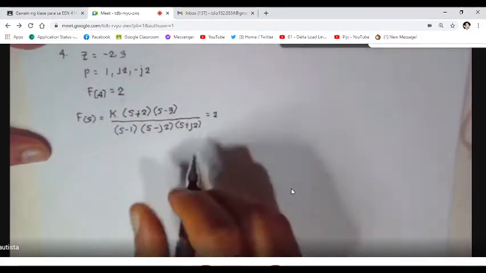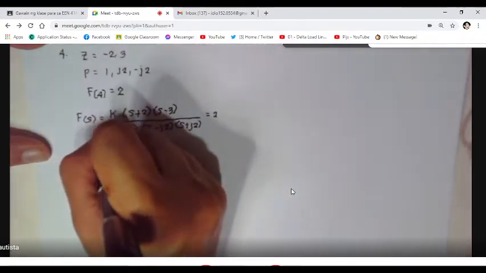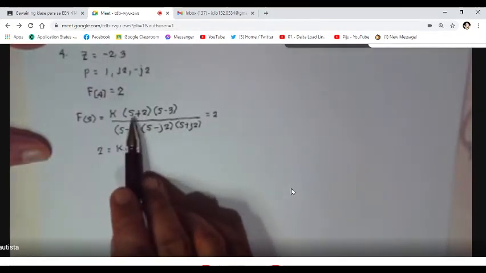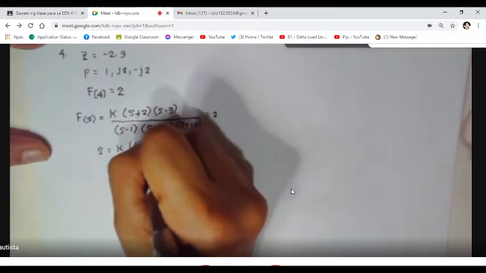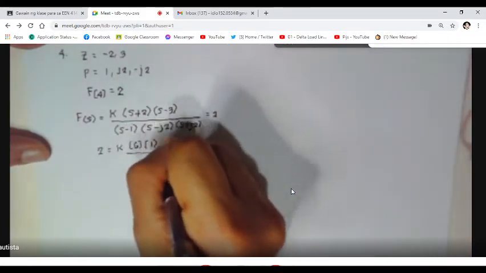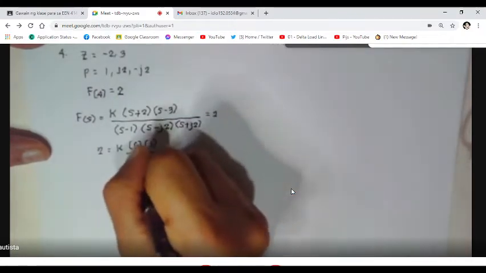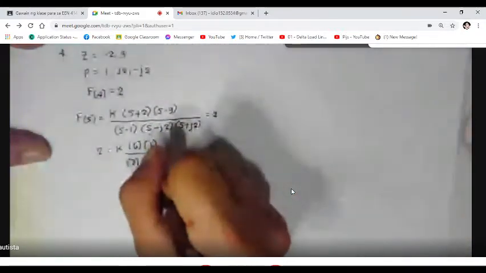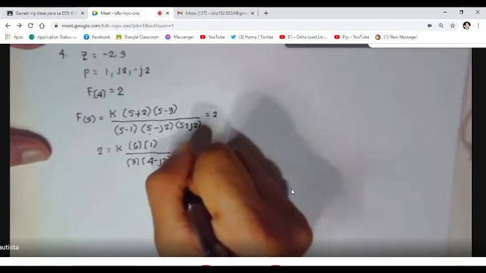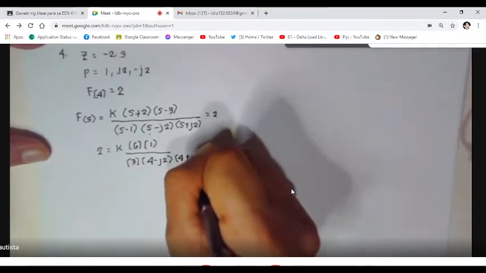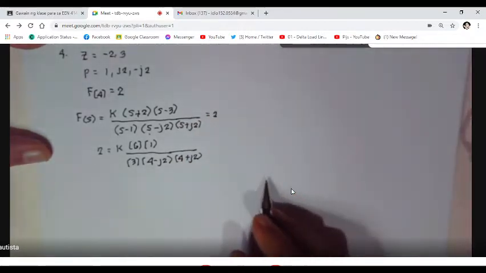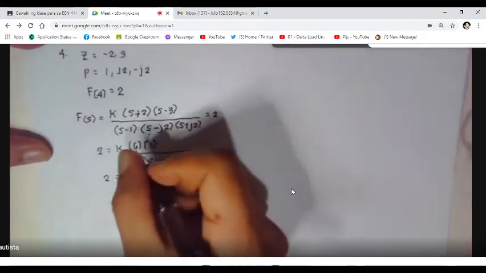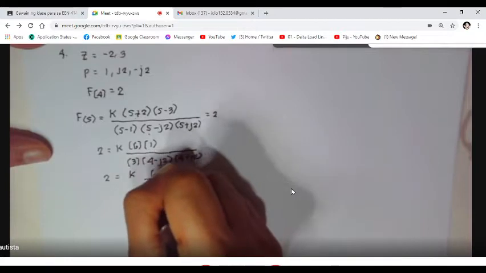So you have 2 equal to k times 6 over 3 times (4 minus j2) times (4 plus j2). So that is 2 equal to k times 6 over 3.